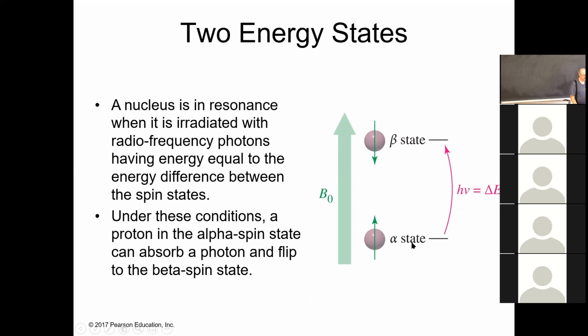These spin states are quantized, so this has to absorb just the right amount of energy in order to flip the spin state. Under these conditions, a proton in the alpha spin state can absorb a photon and flip to the beta spin state. Any other energy other than this particular amount would not cause a flip in the spin state.